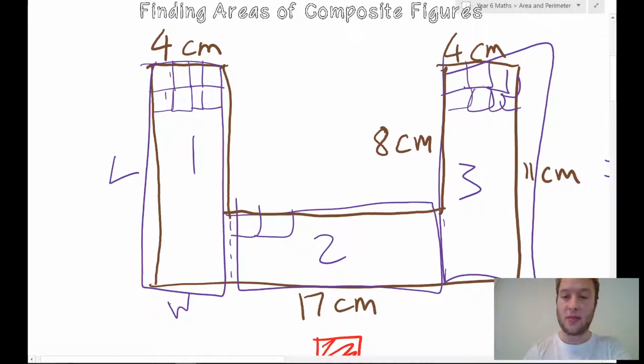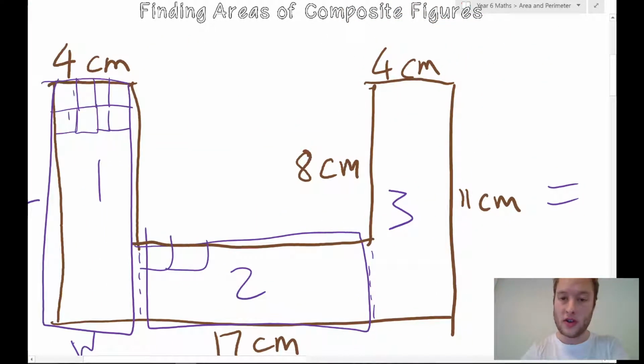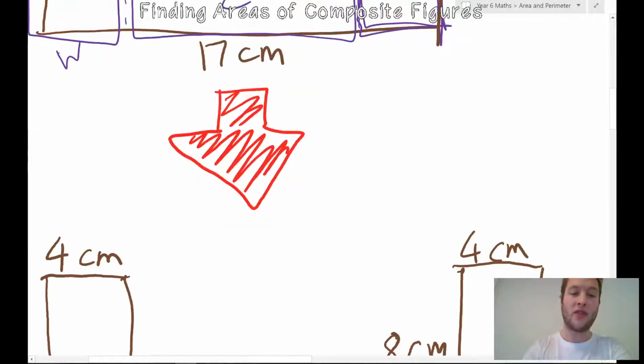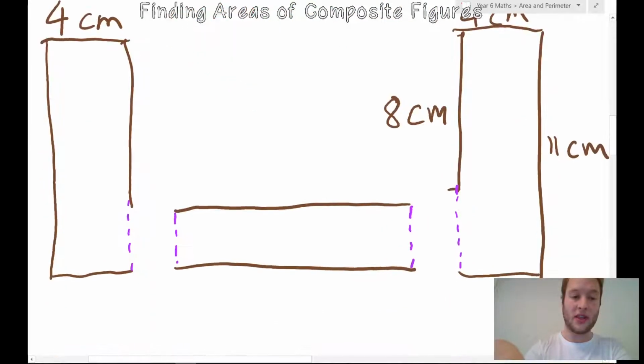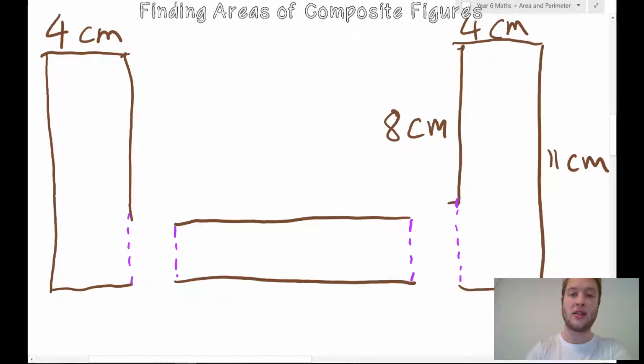As an example, for this messy looking rectangle here, 4 times 11 will give us this rectangle, so it'll be 44. That's the idea of area, and then I just add them all up. Visually, I've just split them off so we can see very clearly that they're 3 different rectangles.